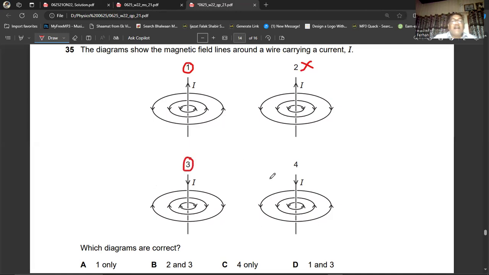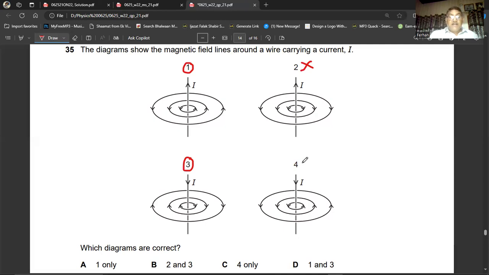In this diagram, again, the direction of the current is going downward. Hold it in your right hand in such a way that your thumb is along the conventional current. Then the curls of your fingers tell you the direction of the magnetic field. It should be clockwise, and they are not clockwise, they are anti-clockwise.